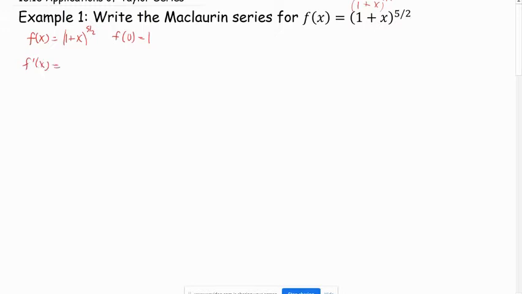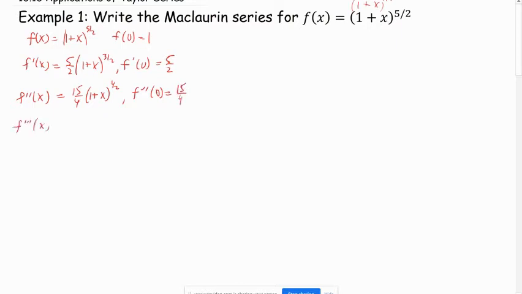Then f prime of x would be 5 halves times 1 plus x to the 3 halves power, so f prime of 0 is 5 halves. f double prime of x is 15 fourths times 1 plus x to the 1/2 power, so f double prime of 0 is 15 fourths.